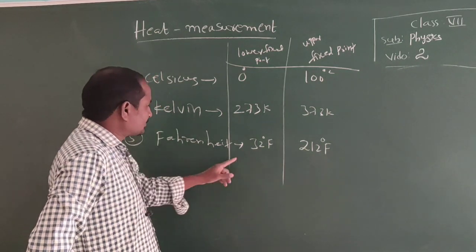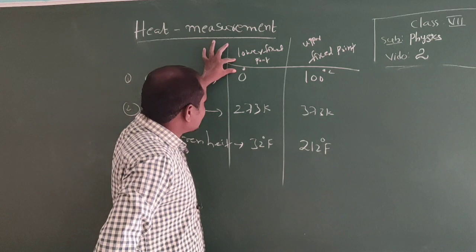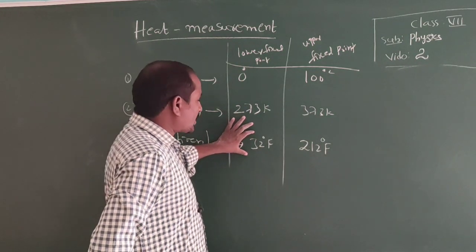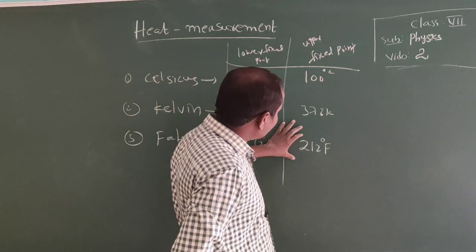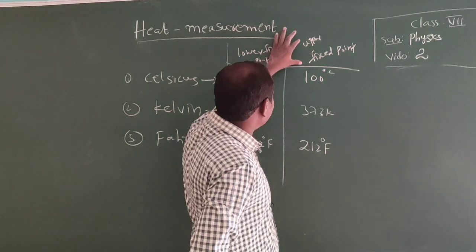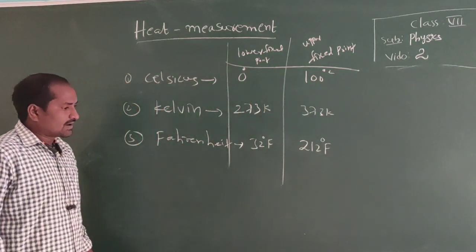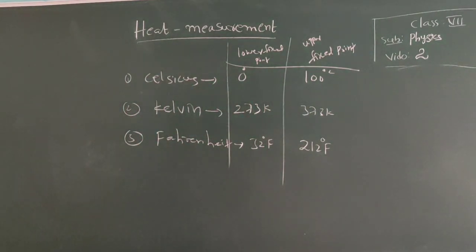In Fahrenheit, 32 degrees is the lower fixed point, also called the melting point of ice. 212 degrees Fahrenheit is the upper fixed point, the boiling point of water in Fahrenheit.